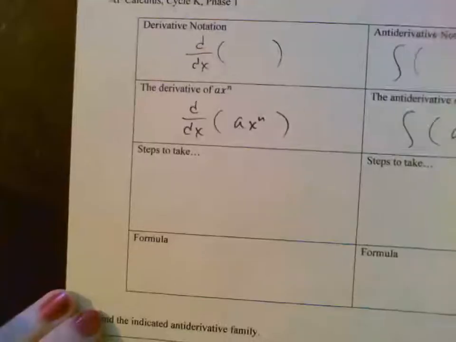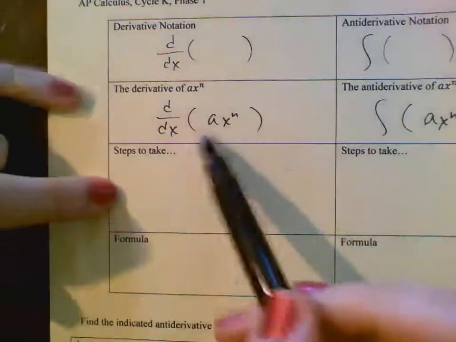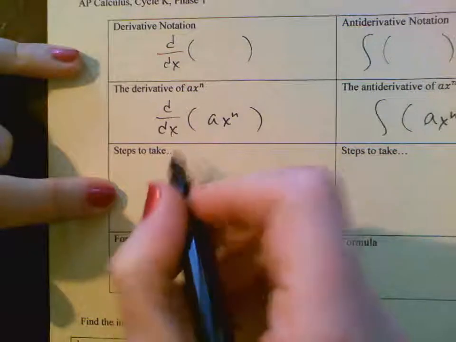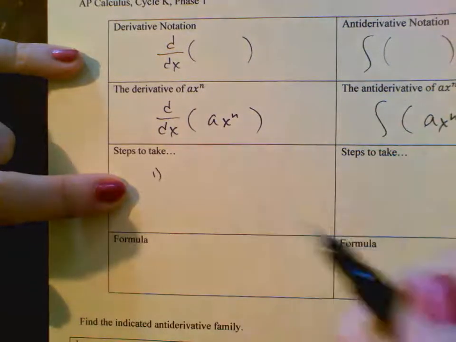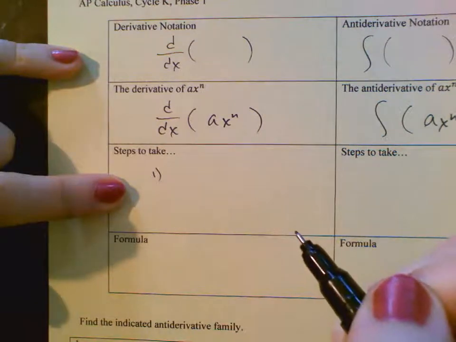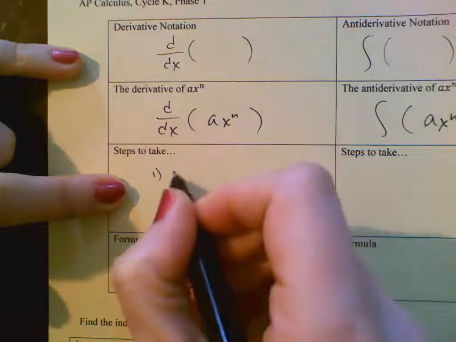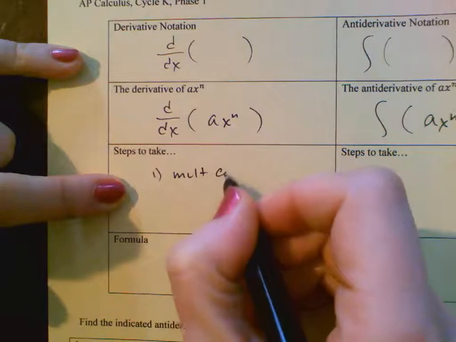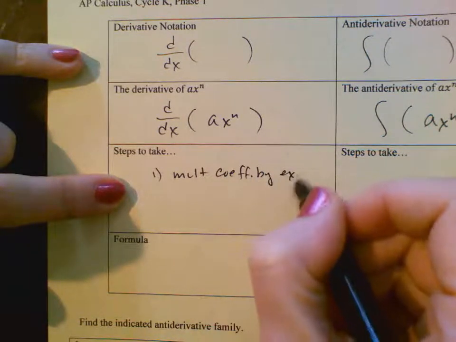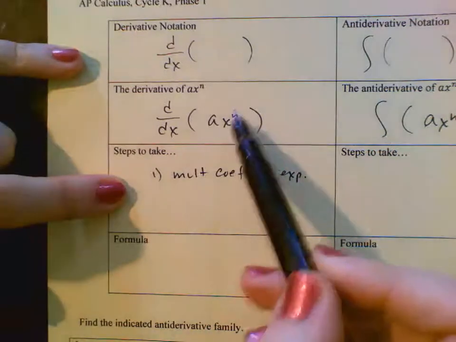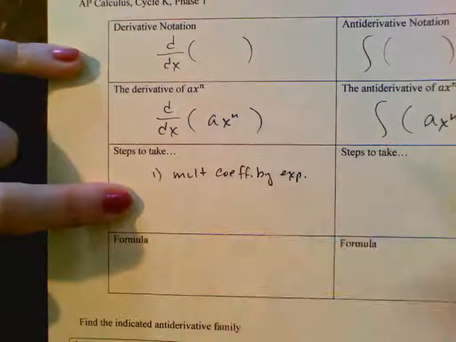Okay, steps to take. So we already know this. If you're taking the derivative of something that looks like ax to the n, what do we do first? First you multiply the coefficient by the exponent. So it would be a times n. This exponent would come down.